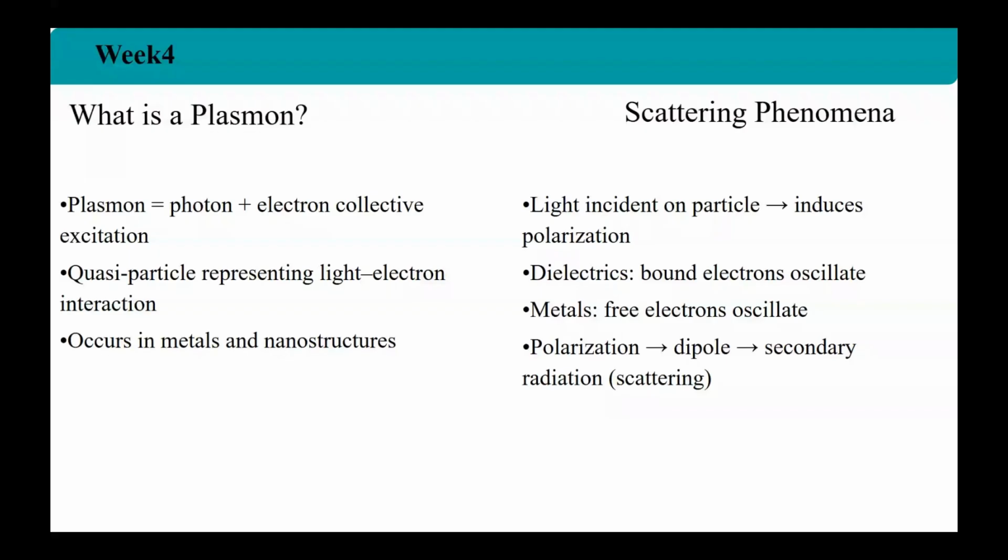Whenever the photon interacts with an electron, we refer to it as a plasmon. So a plasmon is a quasi particle that represents light matter interaction. This interaction occurs in metals as well as nanostructures.